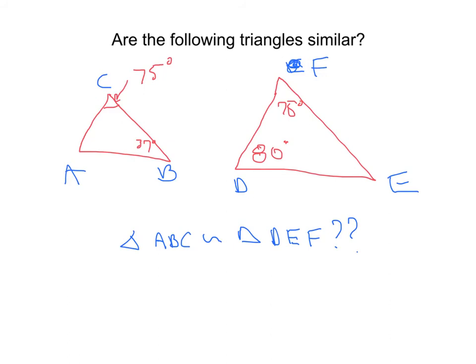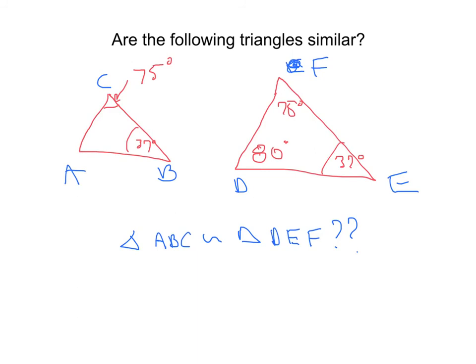So if these two triangles are similar, then we know that this angle here has to be the same as this angle here, which would mean that angle DEF would have to be 37 degrees. So if that's the case, we have an 80 degree angle, a 75 degree angle, and a 37 degree angle.